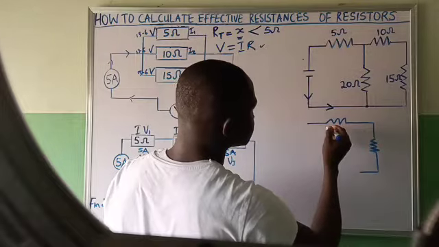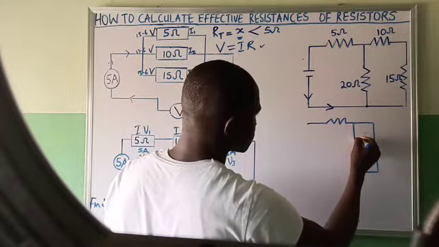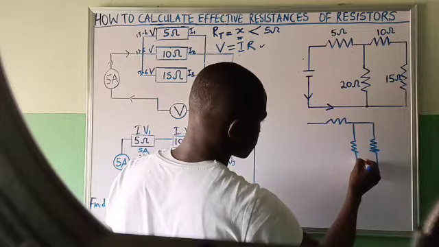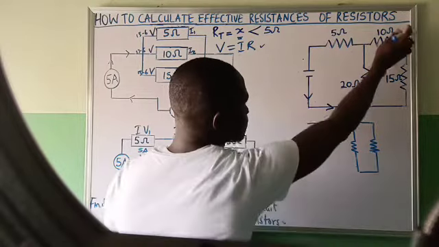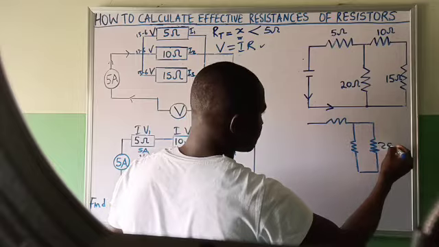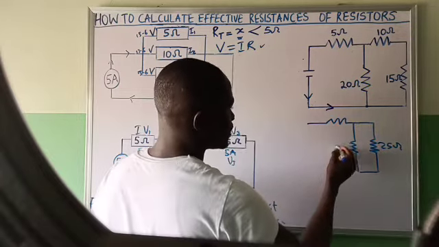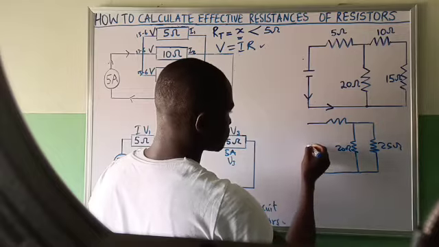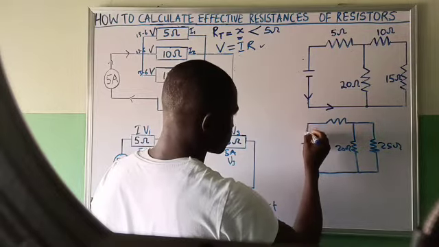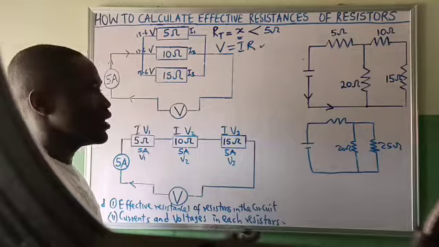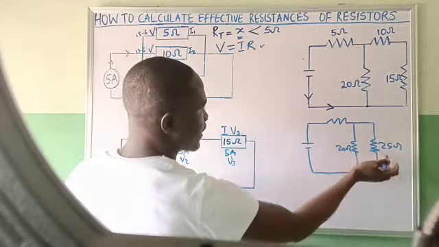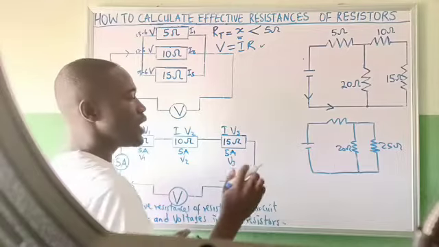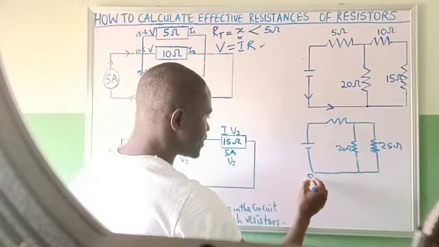Here, this plus this is 25 ohms. Here is 20 ohms. Now these two are in parallel. We have to resolve it. How? Like the first method.